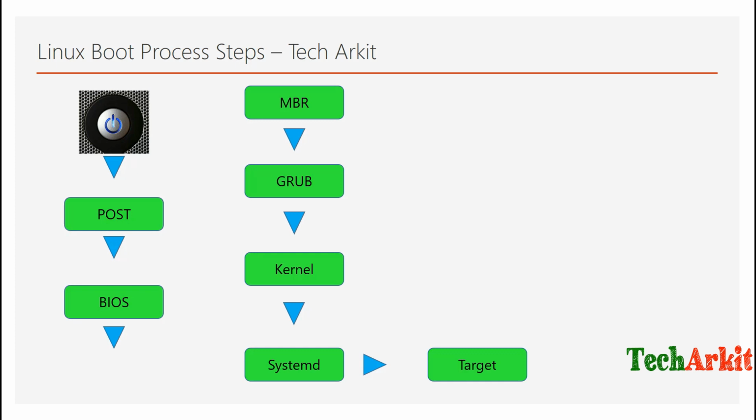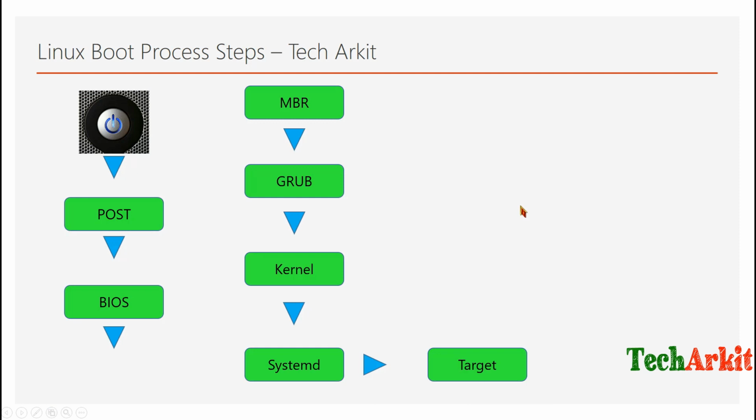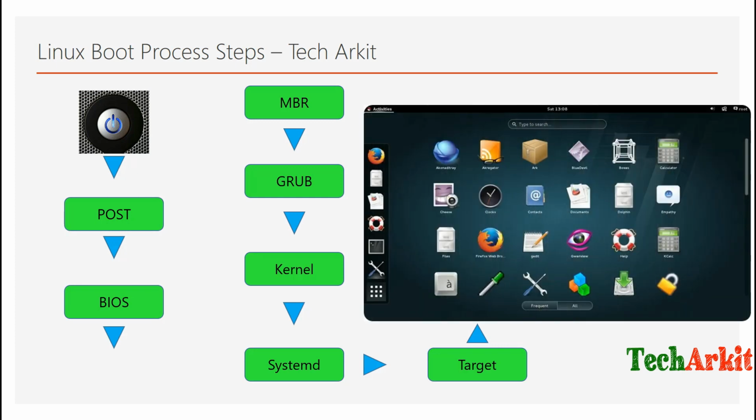Then the associated required services are started. Next, the target is going to load all the services. After that, if GUI is enabled, then you will see a GUI interface. If a CLI is enabled, then you can see a CLI interface. That's how the boot process completes.